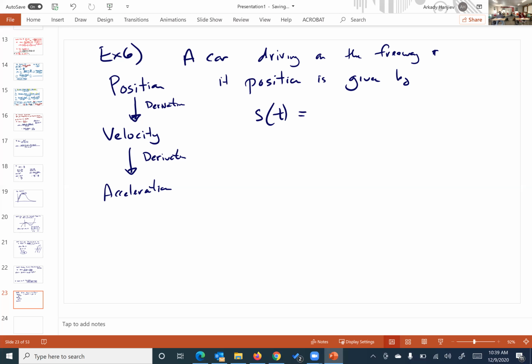And Eli and Taya, do you guys use S for position, or do you use something different? We're doing conservation of energy. Okay, gotcha. Okay, we're gonna get really physics here. Meters per second is what we got here.